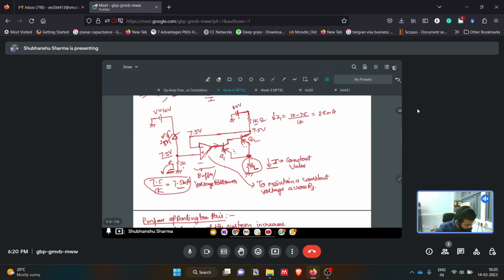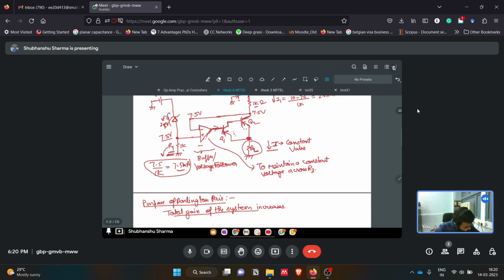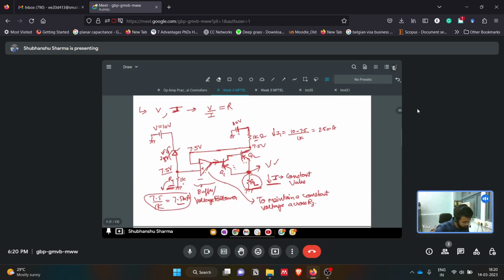So in this whole circuit we know this voltage and we know this current. Based on that we can get the value of RL. This is how we have realized a constant current source.